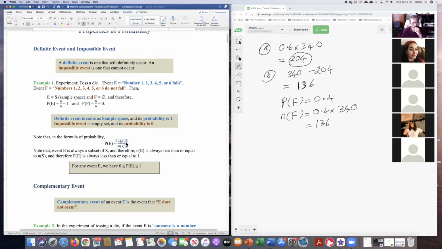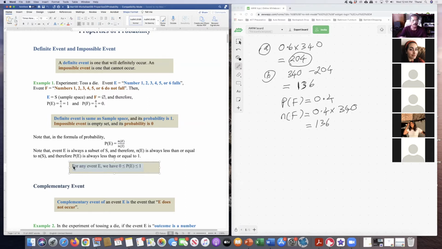So therefore, this will always be a fraction. The largest value it can get is 1. The numerator and denominator can be equal. That's the best you can get. Numerator will never be larger than denominator, so it will never be a whole number other than 1. So one property we have just learned is that probability will always be between 0 and 1.